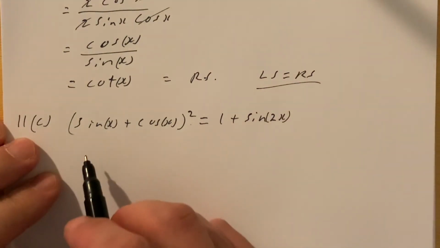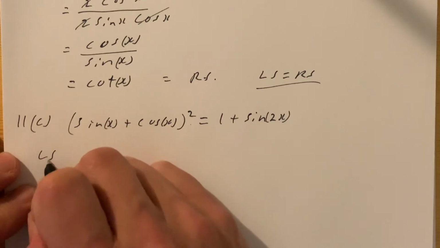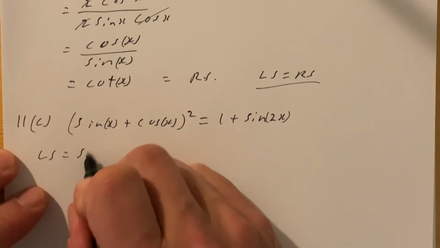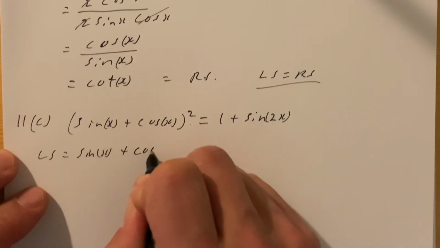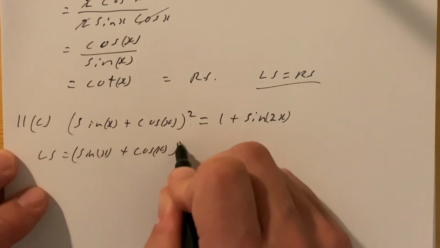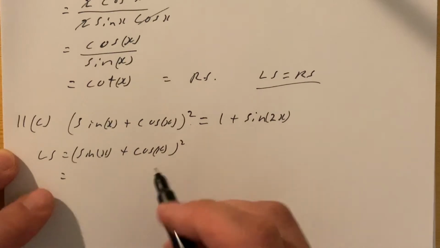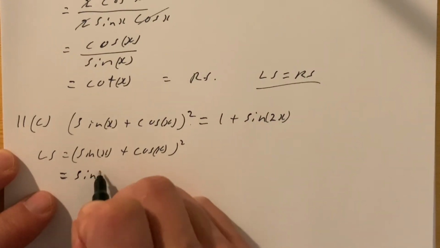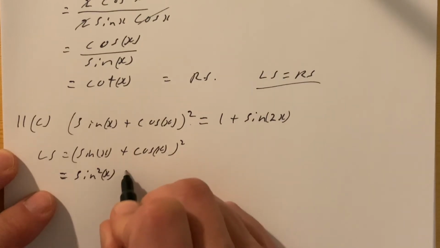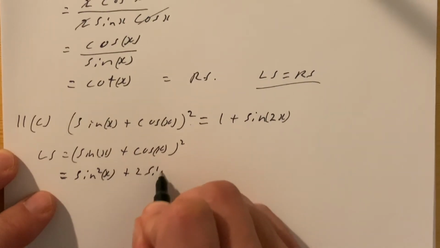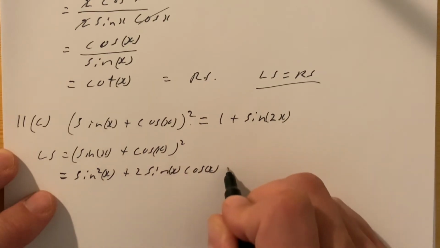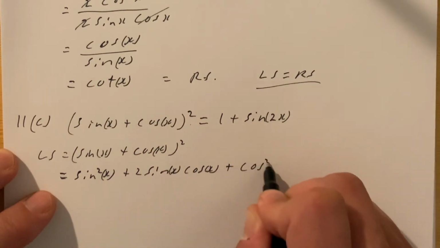Well, let's look at the left side here. So left side equals sine x plus cos x squared. And when you square that, it's a perfect square, so you're going to end up with sine squared x plus 2 sine x cos x plus cos squared x.